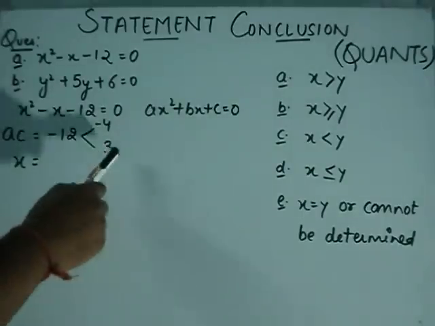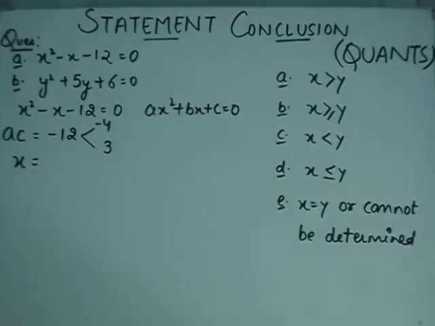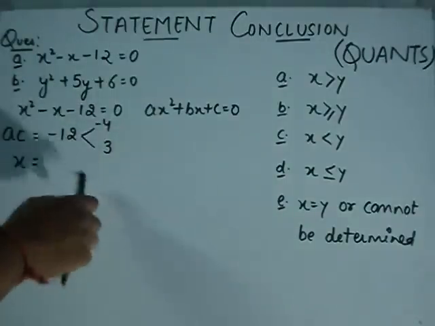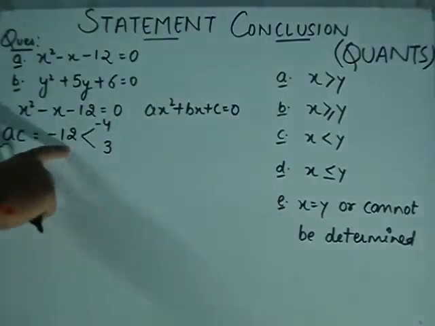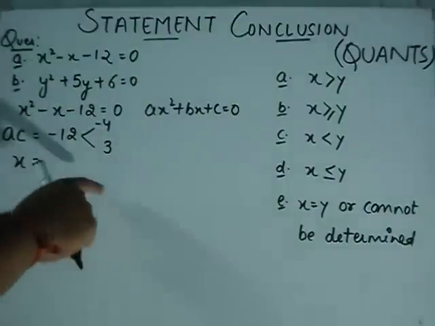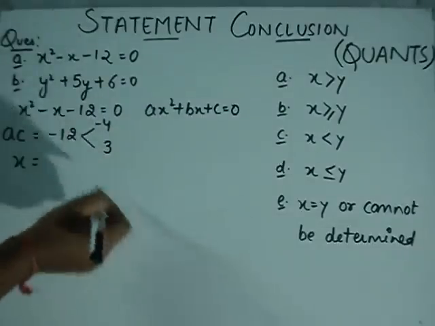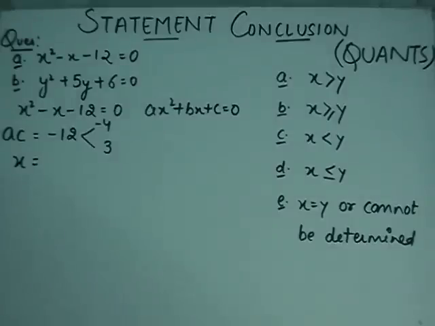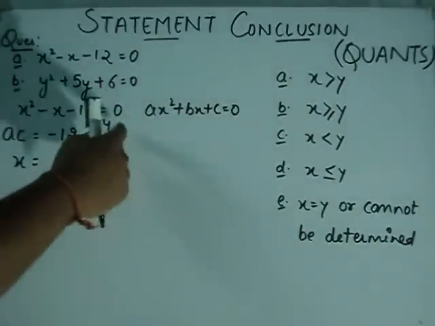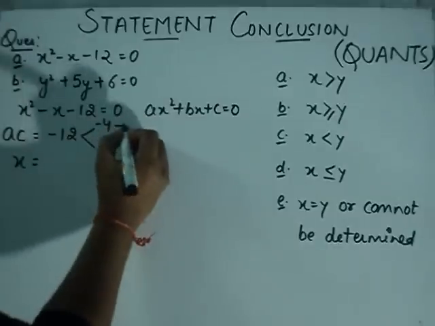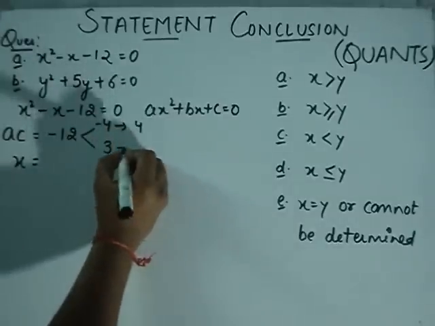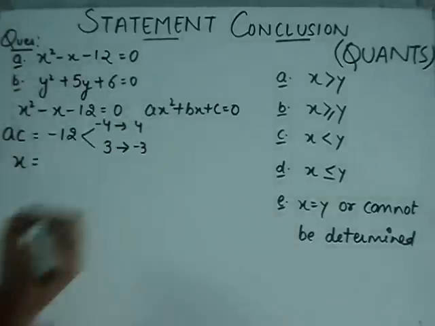After splitting the terms, I am going to change the sign of both these values. It's a very important step, and we are going to use this trick in the other question also. After changing the sign I get 4 and minus 3.